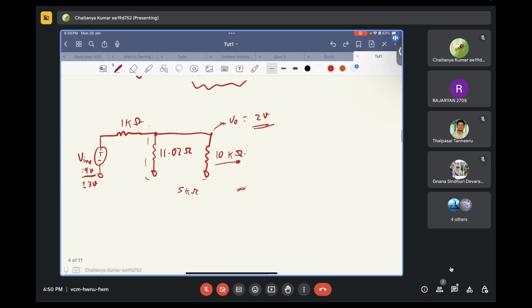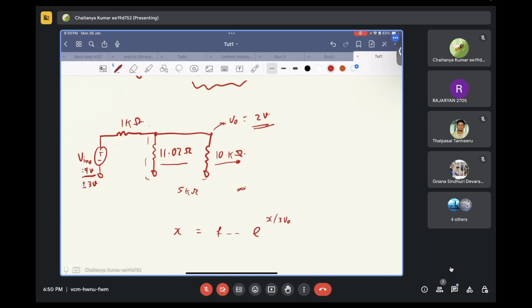Now I hope this gives you an appreciation for why incremental analysis is important. Let's say you were not finding the incremental circuit of the diode-connected combination and were trying to find it using the transcendental equations that you get. That will involve something like x is equal to some function times e to the power x by 3 V naught.